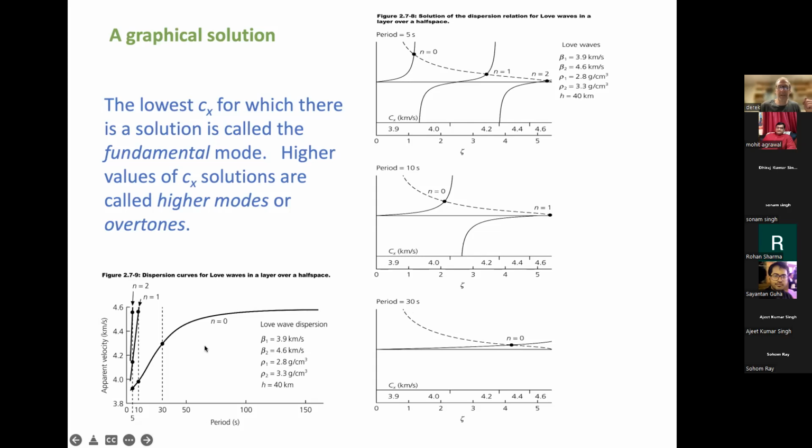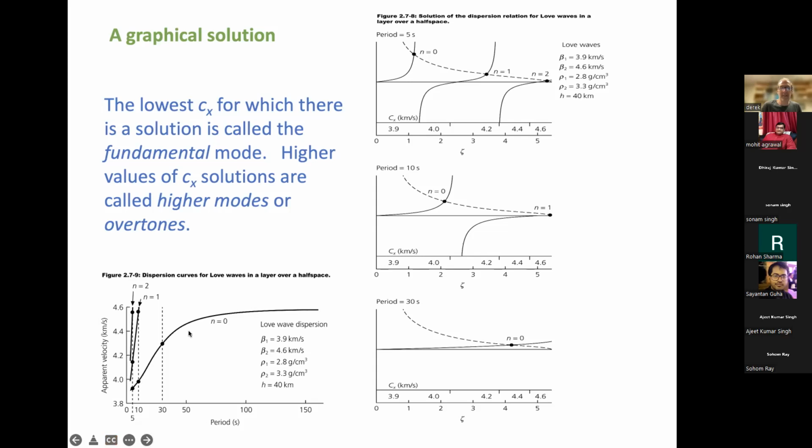So we can plot the apparent velocity of the love wave as a function of its wave period. And so we can see the fundamental mode goes from 3.9 kilometers per second up to 4.3 kilometers per second as I get to a 30-second love wave, to 4.6 kilometers per second at 100 seconds.